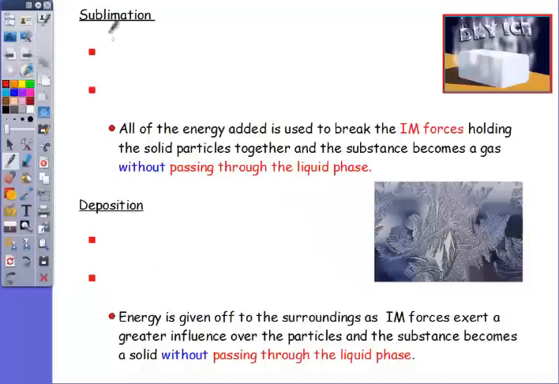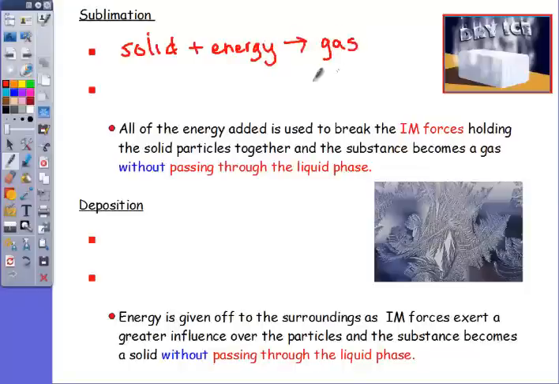What exactly is sublimation? Sublimation is when you go from a solid, you add a little bit of energy, directly to a gas. Since I'm adding energy into my system, that's an endothermic process. The most common example, and the one we're going to see in class, is dry ice. Dry ice is really solid CO2.